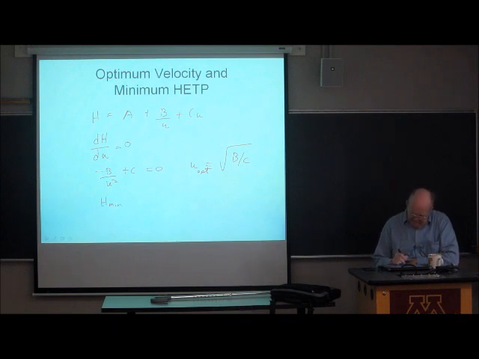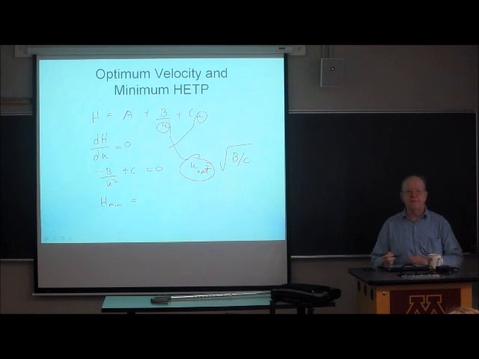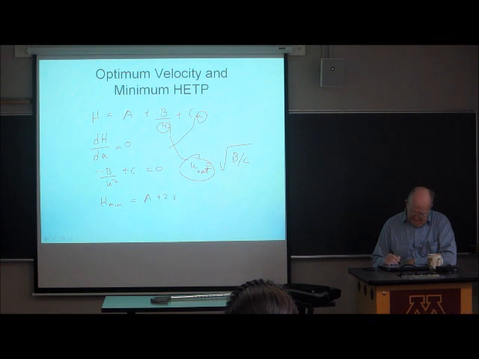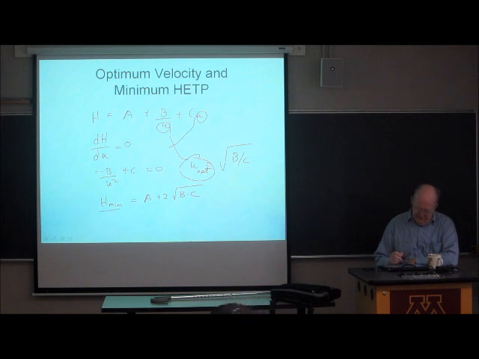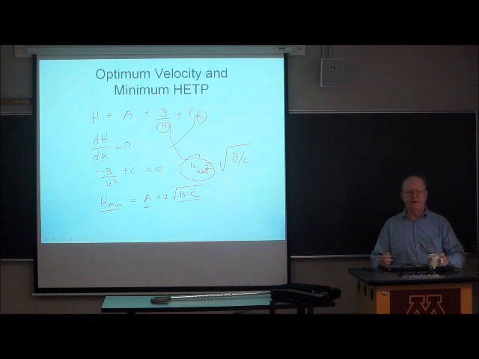You can calculate the minimum plate height by taking this velocity and sticking it in there, crunching through the algebra, and you'll find that the minimum plate height is equal to A, the constant term of the Van Deemter, plus 2 times the square root of B times C.